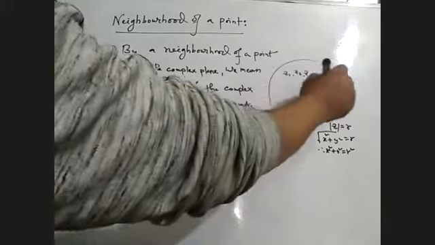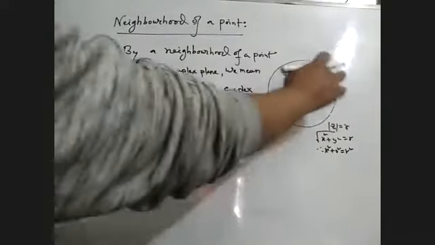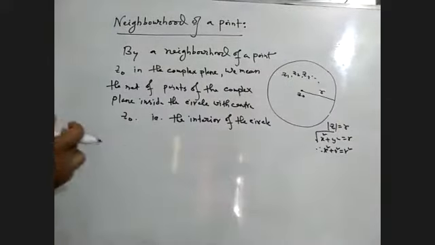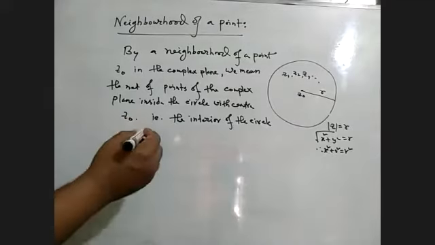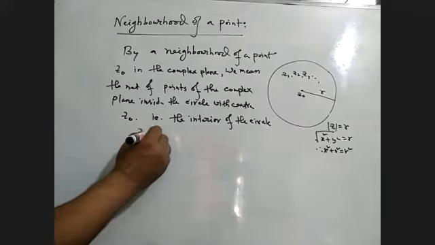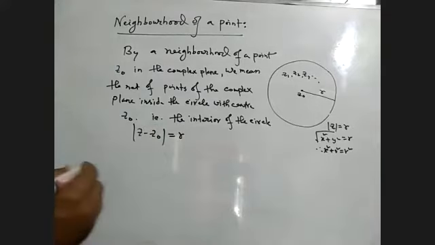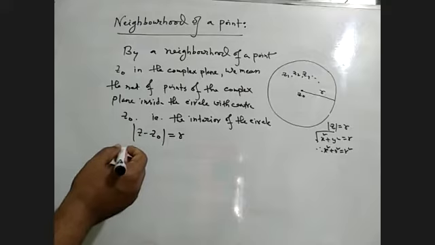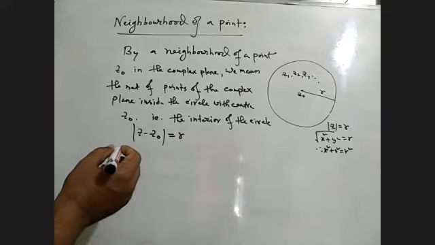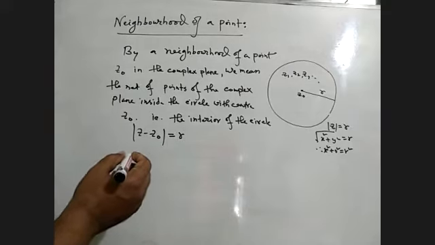All the points z1, z2, and so on are points of this interior of the circle. What will the circle equation be? That means modulus of z minus z naught equals r.